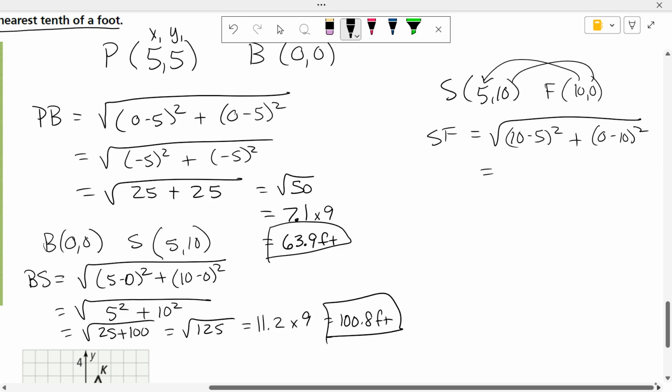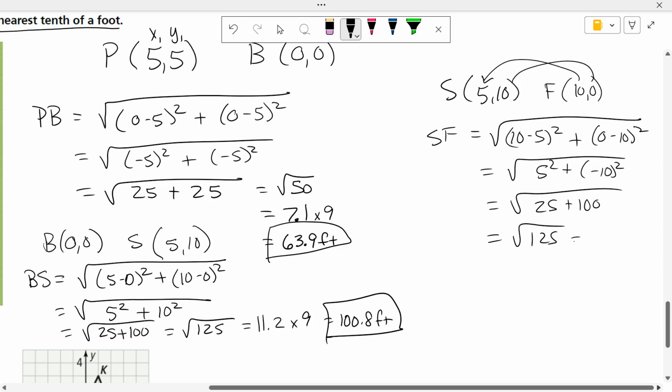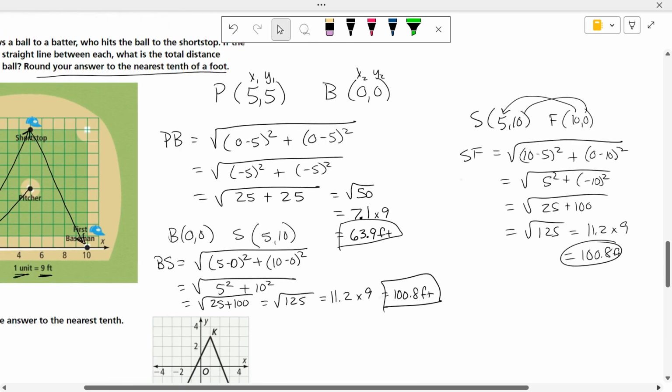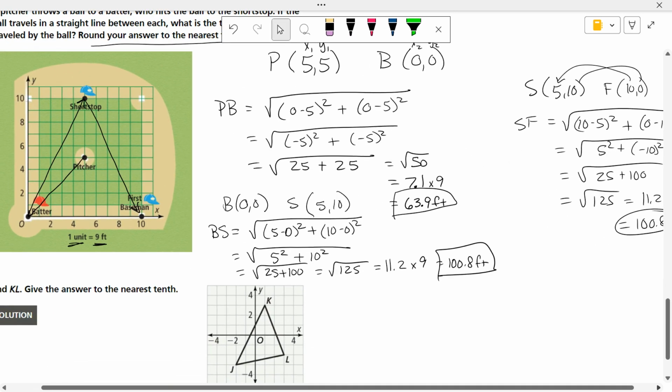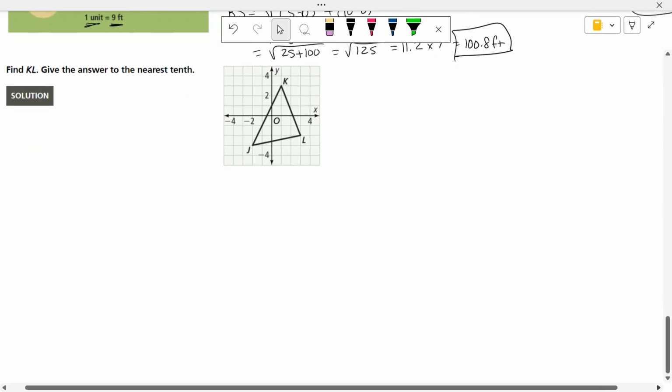What's 10 minus 5? 5 squared. 0 minus 10, negative 10 squared, which is the square root of 25 plus 100, or the square root of 125, which we just had was 11.2. Take that times 9. And the ball also traveled 100.8 feet that time. Okay? Going from the shortstop to the first baseman. Okay? So that is the distance formula.